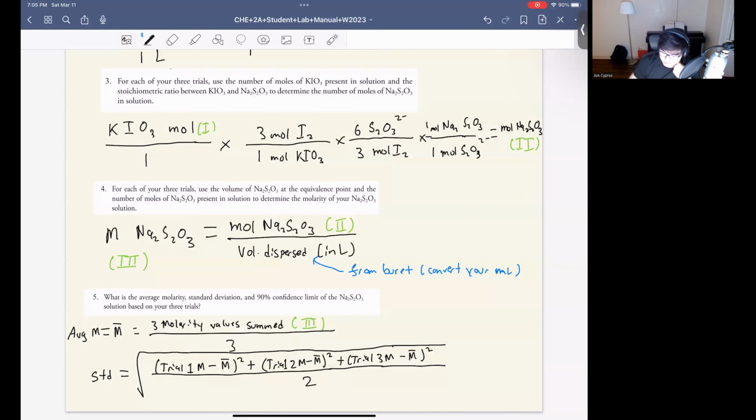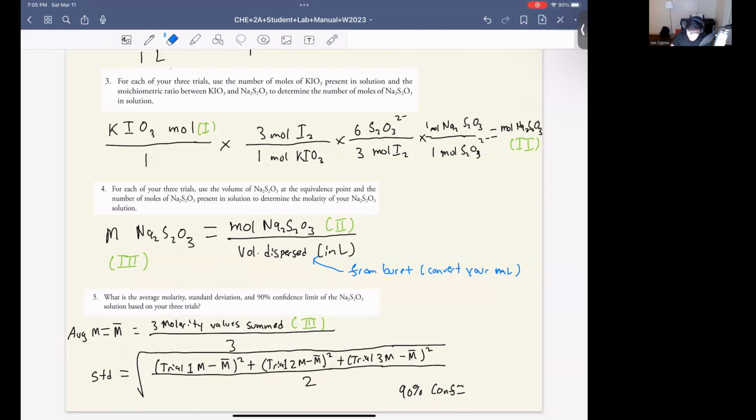All right, and then for the 90% confidence limit, we did this in, I believe it was the first discussion or first lab or something. I should write this as confidence limit instead.